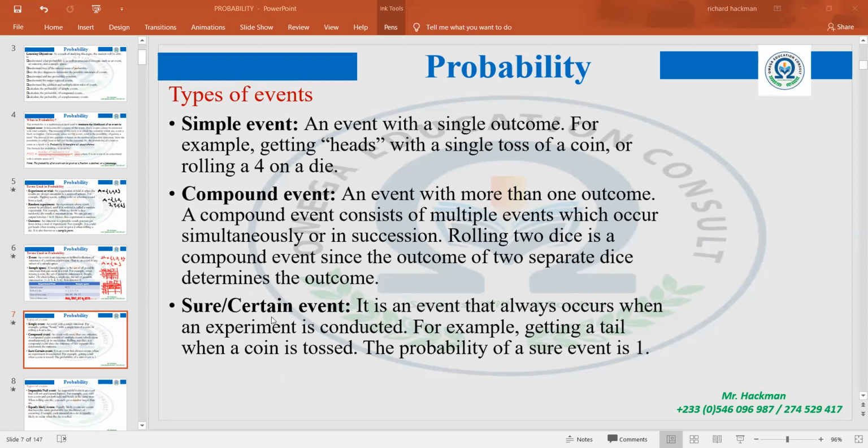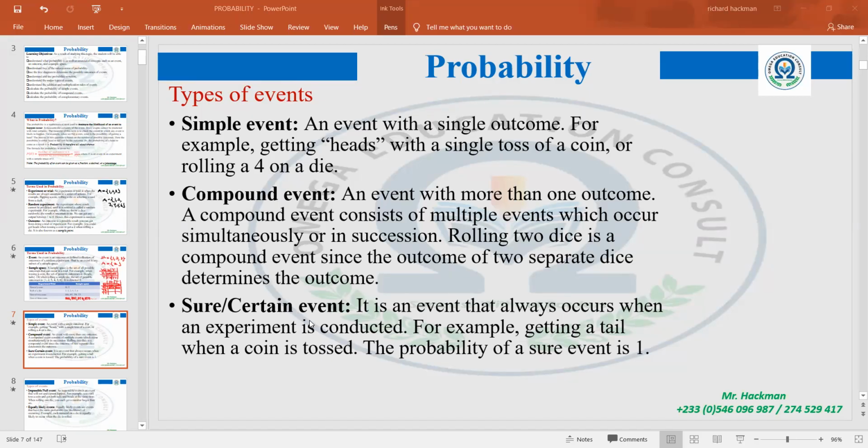And sure or certain events. Indirectly, I've explained that. When you are sure that the event will always occur, then you know that this particular event is a certain or sure event. It's like the event of going to a class and meeting all girls in Wesley Girls.